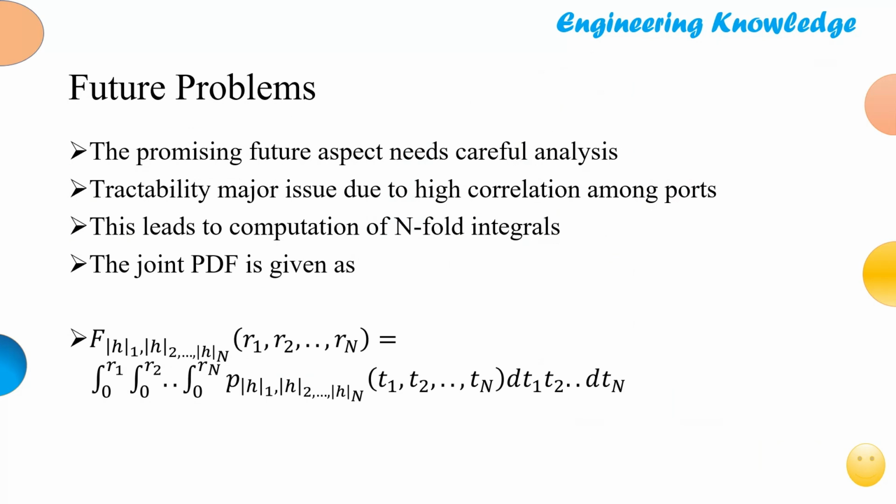It's a very promising future aspect that we can avoid the hardware restriction, hardware complexity, cost complexity, and the lambda by 2 restriction of MIMO systems by replacing them with one antenna that is immersed into a fluid, and because of its presence and interaction with the fluid, it can take on one of those N ports, but it needs very careful analysis, right?